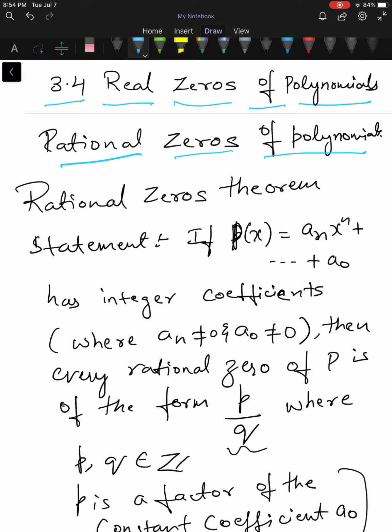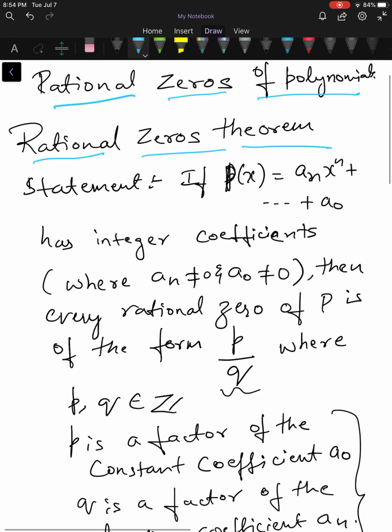A very useful theorem in this part is the rational zeros theorem, which states that if p of x is equal to a n x power n plus and so on plus a naught, that is the general form, has integer coefficients where a n is not equal to 0 and a naught is not equal to 0, then every rational zero of p is of the form p over q.